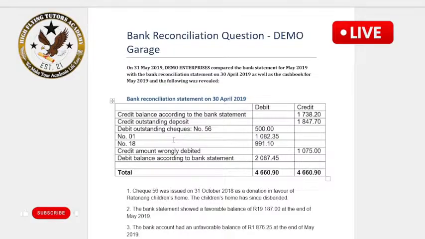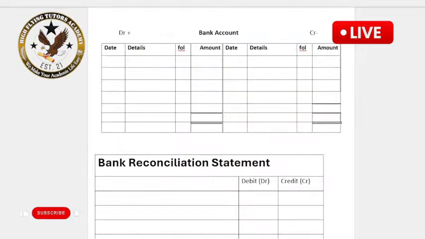I'm going to help you with the bank reconciliation statement. I'm going to show you the answer sheet right there, so that you can draft it quickly and your answer sheet format will be in order.